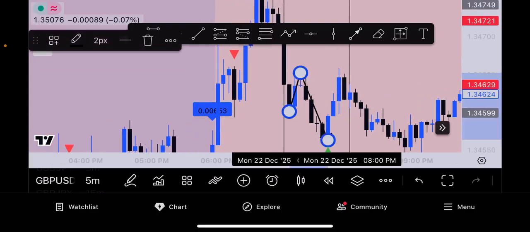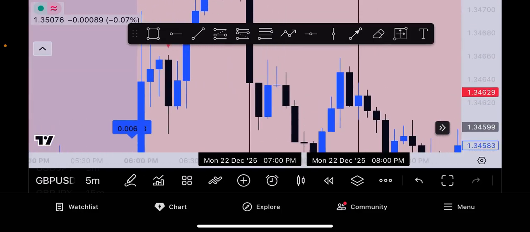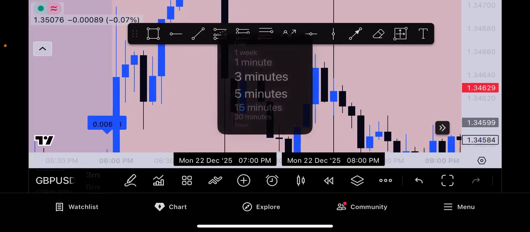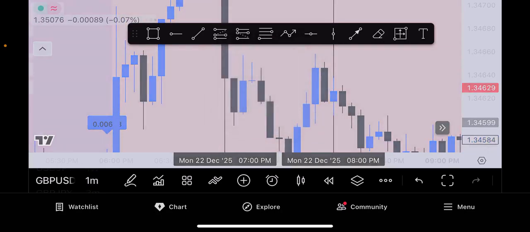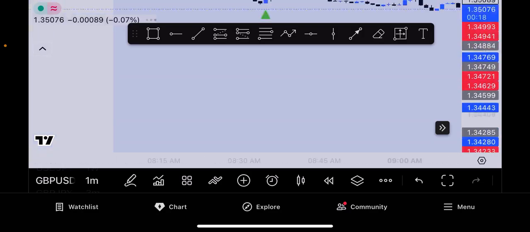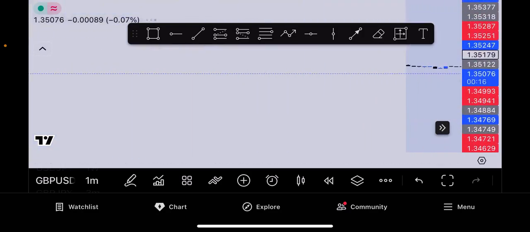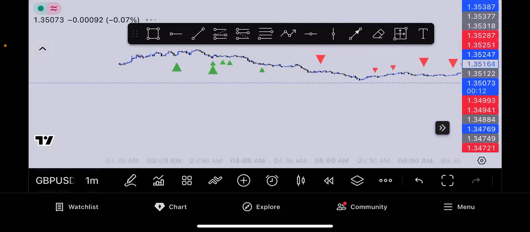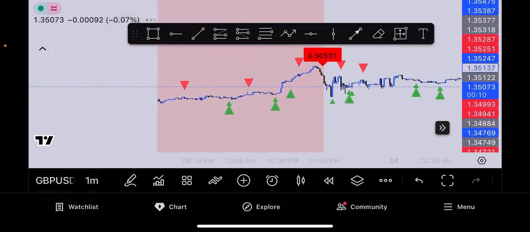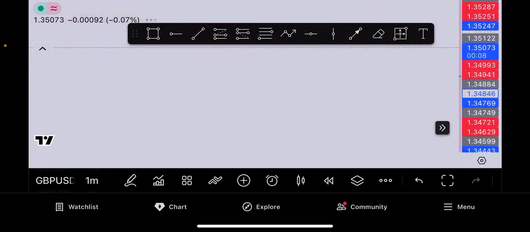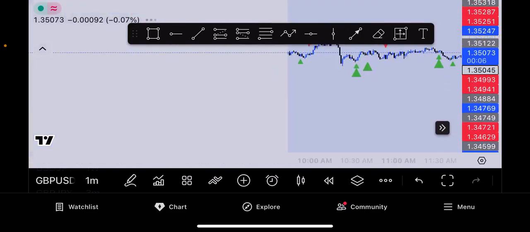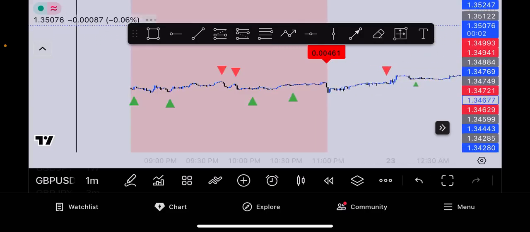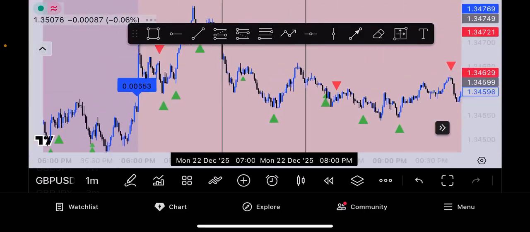Now, when you see this type of structure, the next thing you do is go to your 1-minute time frame to mark out your order block, which I'm going to jump into right now. Here on the 1-minute time frame, remember, if you come to the chart and you don't see any structure before 8 o'clock, then that pair is not going to give you a trade, so you just have to jump into another pair.